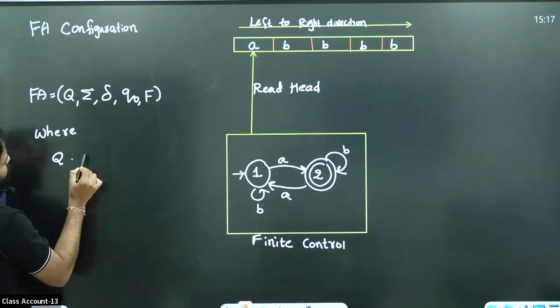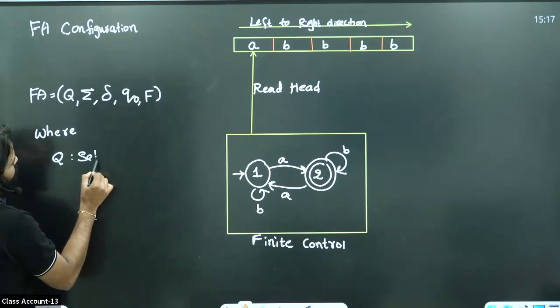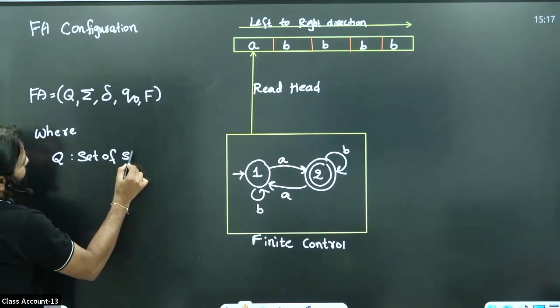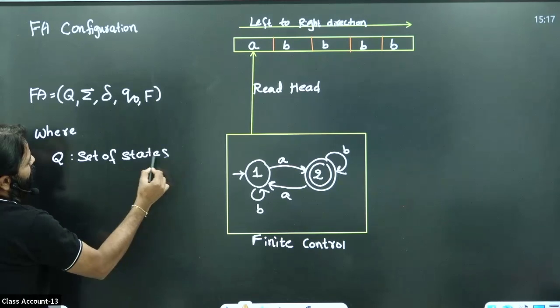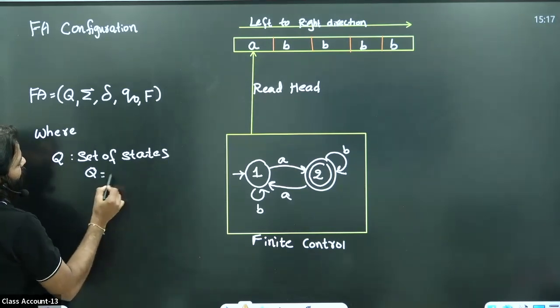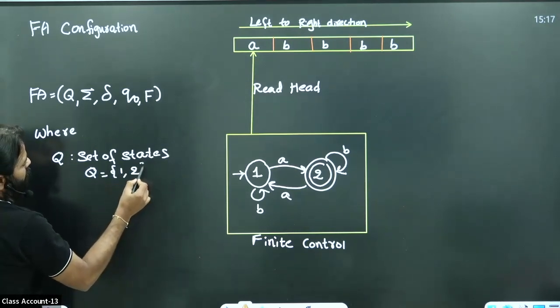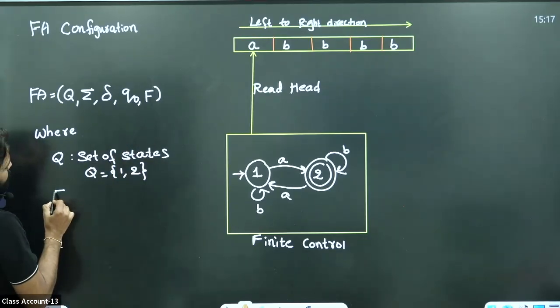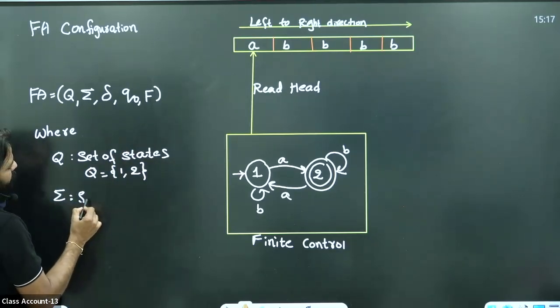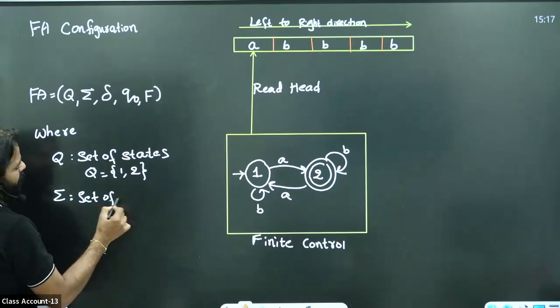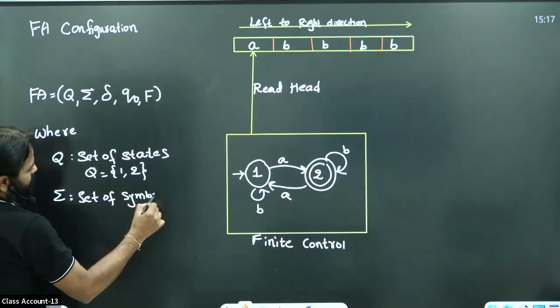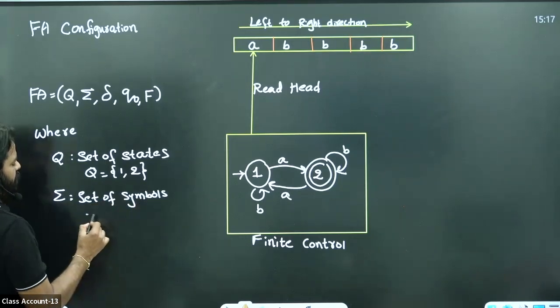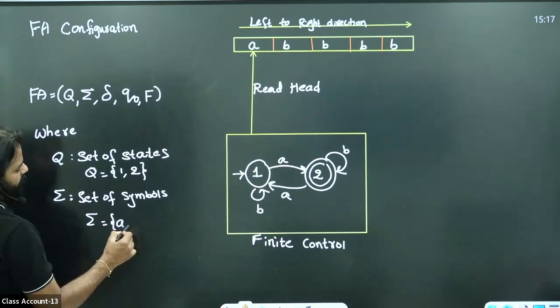Q is the set of states. In this machine, Q is nothing but 1, 2. There are 2 states, represented with circles in the graph. And sigma is the set of symbols, also called the alphabet. Here sigma is equal to A comma B.